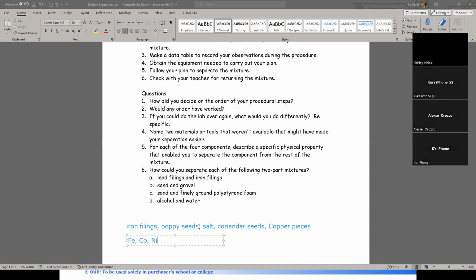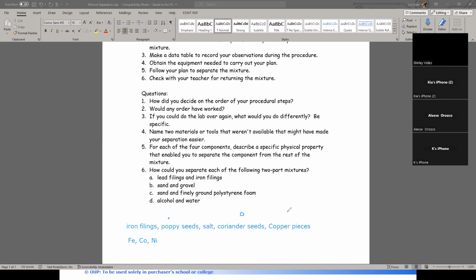Poppy seeds. Poppy seeds are teeny tiny. If I drew a picture of one, maybe like that. No, that's way too big. That's more or less what a poppy seed looks like. Coriander seeds are about yay big, right?